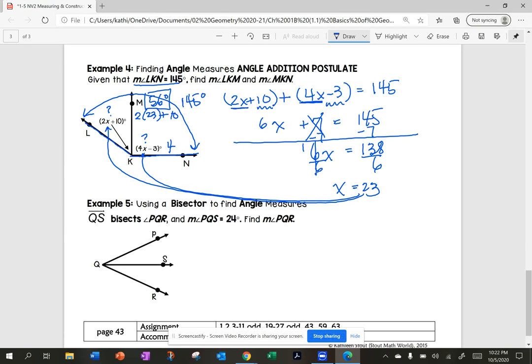And 4 times 23 minus 3 is 89. If I add 56 and 89, I get 145, which is my total, so I know I verified my math.